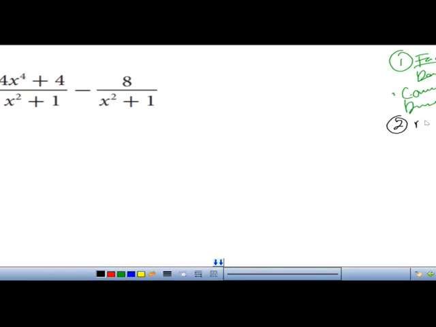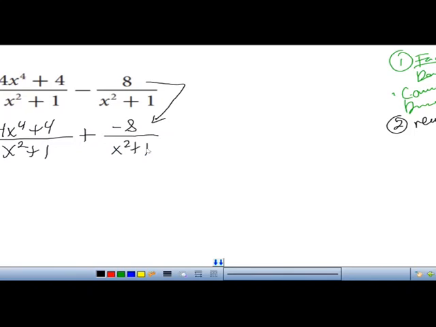Step 2 is rewrite. I'm going to help you with the first one. I'm going to bring this one down: 4x to the 4th plus 4 over x squared plus 1. All right, Alberto, help me rewrite the second one. What do I write for the second one? Plus -8 over x squared plus 1. Bam, plus -8 over x squared plus 1. Let's go, Alberto.